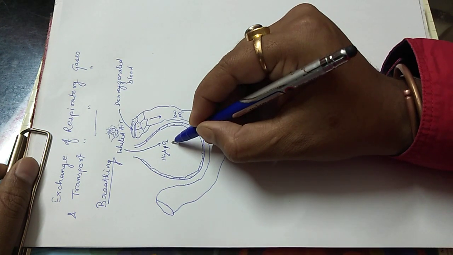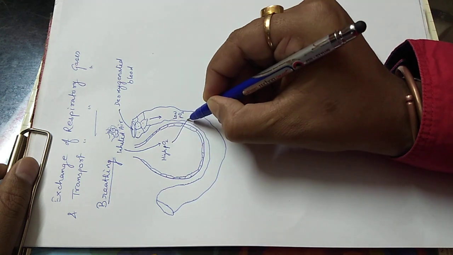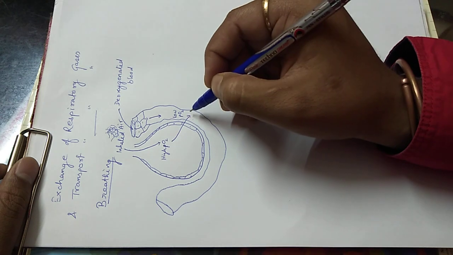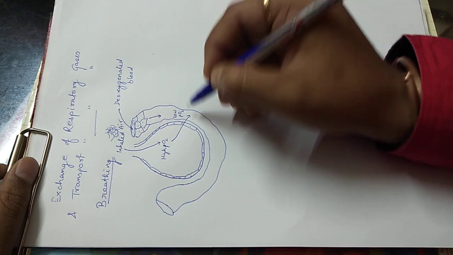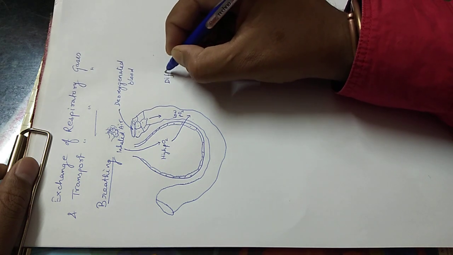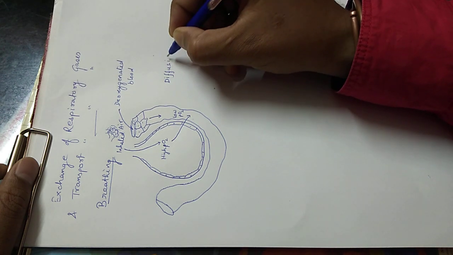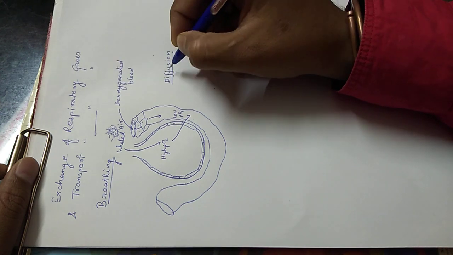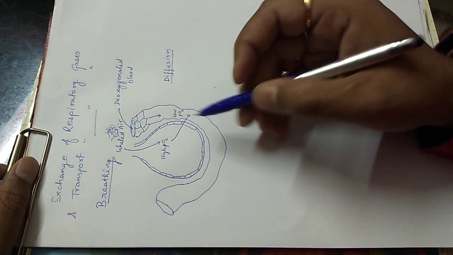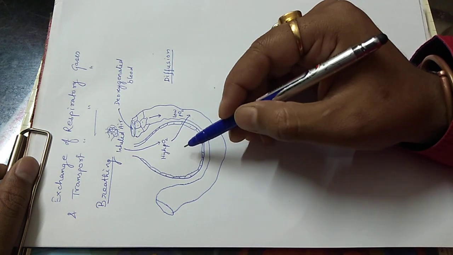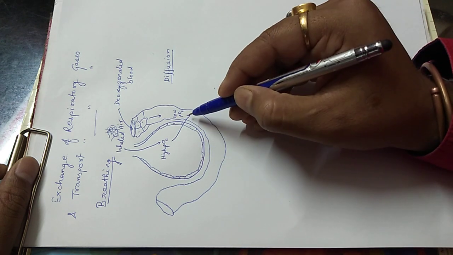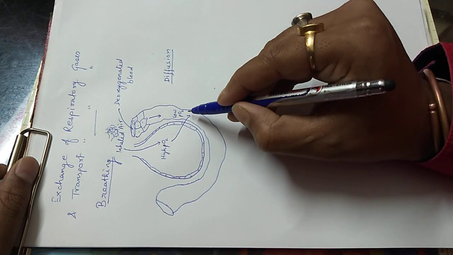So due to the difference of pressure, oxygen from the alveoli will diffuse into the blood. The process by which the exchange of gases takes place is the simple process of diffusion, the movement of molecules from a region of higher concentration to lower concentration. In the alveoli, the partial pressure, or you can say concentration, of oxygen was high compared to that of deoxygenated blood, so oxygen diffuses in.